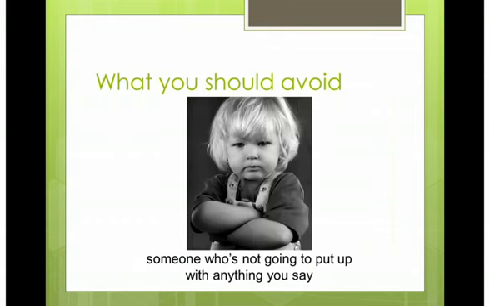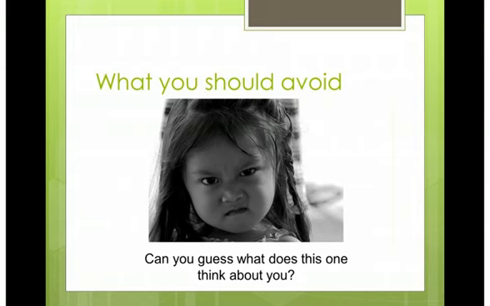If you've got something like this, it really does mean that you need to go back to working on the relationship again. As does this one. But I do like her face.